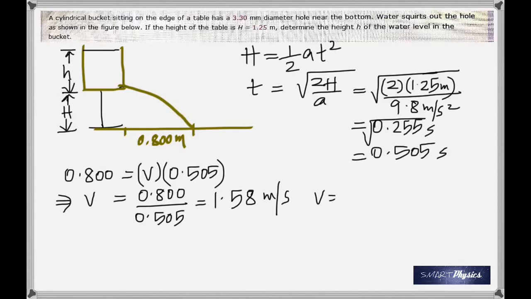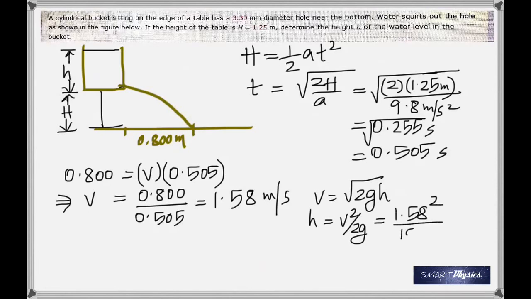Now we can use Torricelli's theorem, according to which the velocity with which the liquid comes out is square root 2g times the height of the liquid. Rearrange that to find the height of the liquid. Obviously, the 19.6 is 2 times 9.8, and you get 0.127 meter.